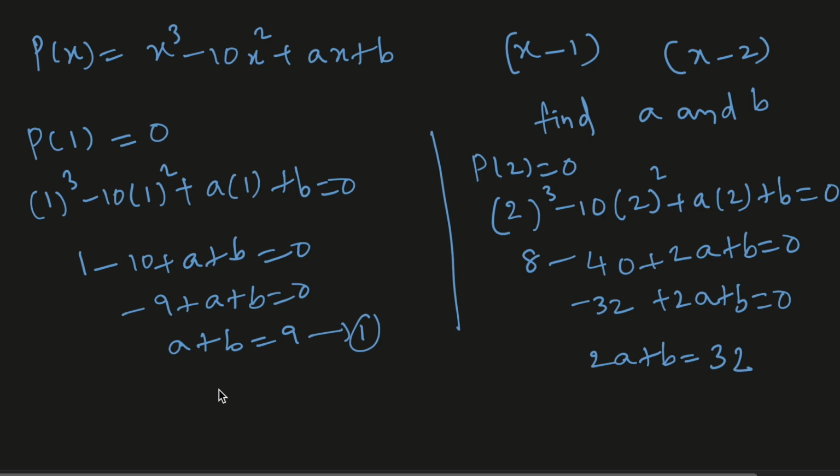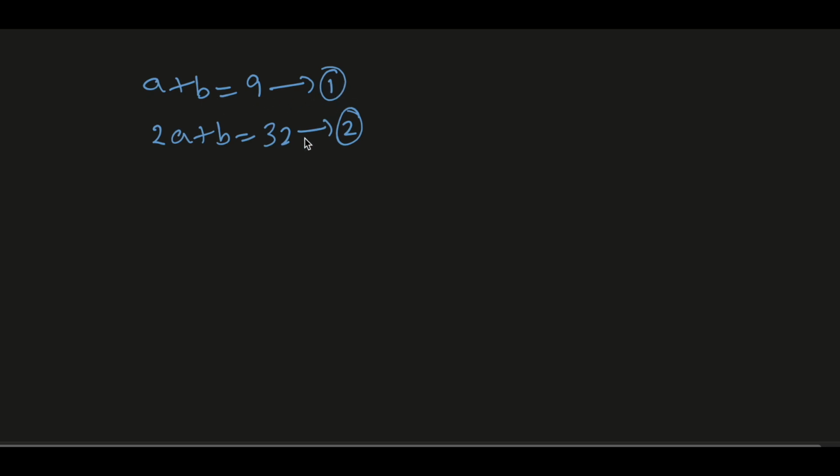Now you have got two linear equations. a plus b is 9, 2a plus b is 32. Now you have to solve these two equations for getting a and b. By solving these two equations, you can get the values of a and b.